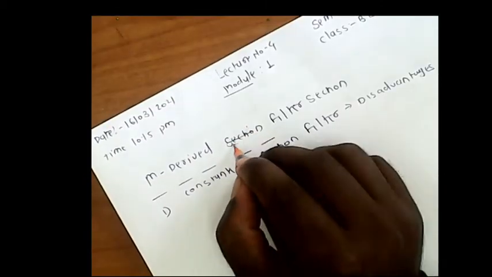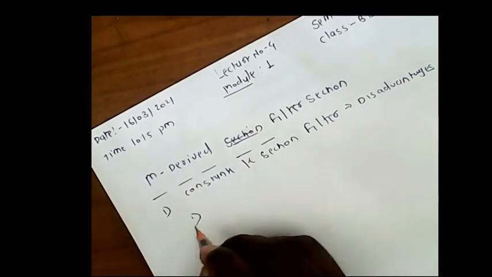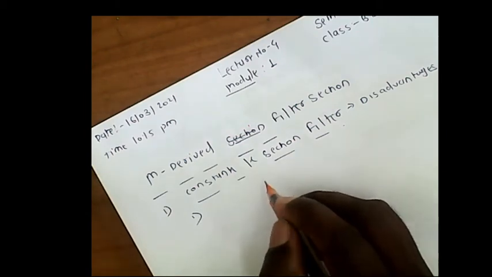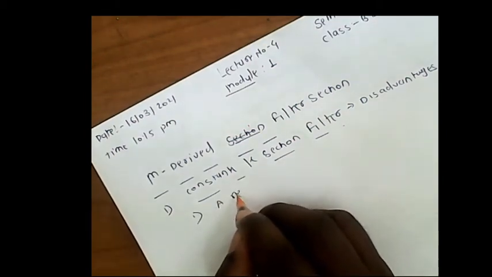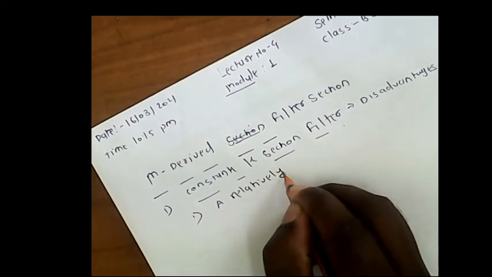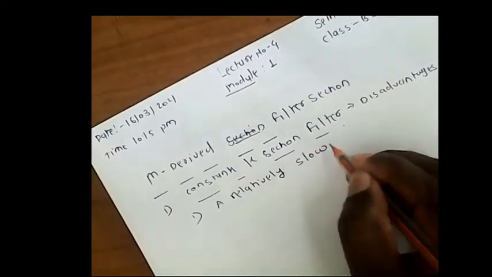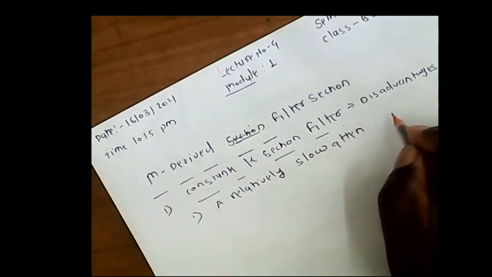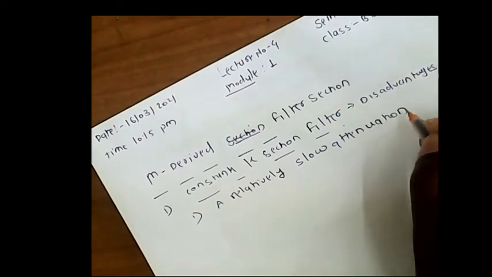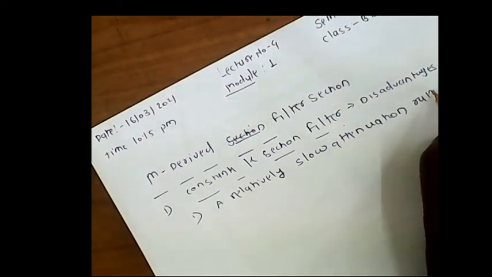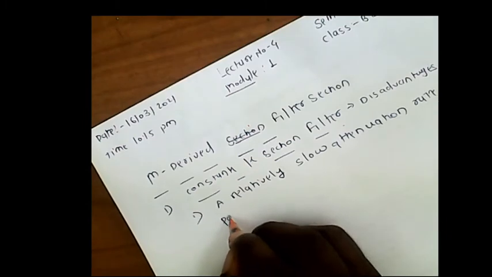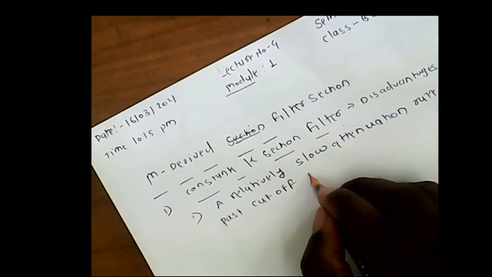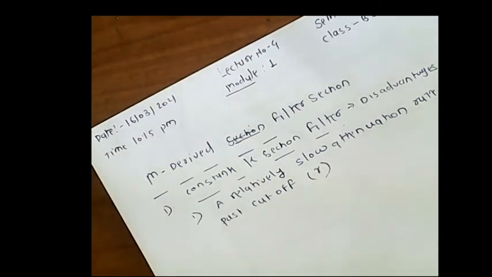So the first drawback of the constant K section is a relatively slow attenuation rate past cutoff in alpha, that is in gamma.